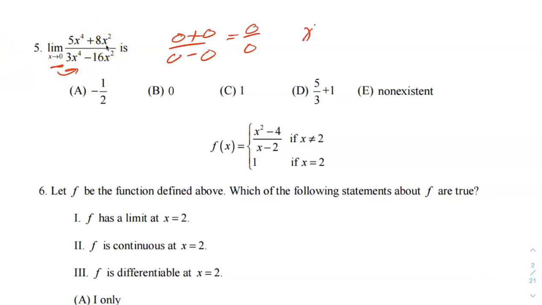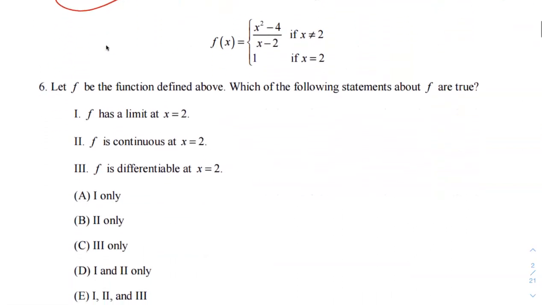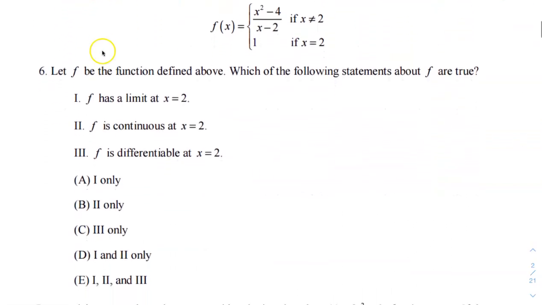So you factor out an x squared, and you get the limit as x approaches 0 of x squared times 5x squared plus 8 over x squared times 3x squared minus 16. These cancel out. Now I can plug in 0 again, see if it works. These are gone. I get 8 over negative 16, negative 1/2. So A.